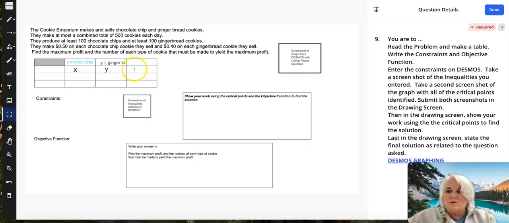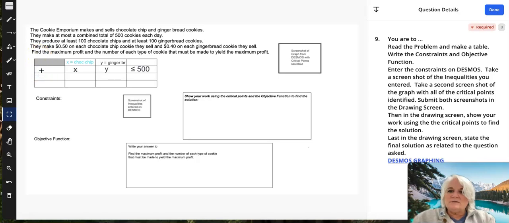Okay, so in this box I want to put less than or equal to 500, and then I need to enlarge this. There we go. Move it down. Okay, so this is my combined total.